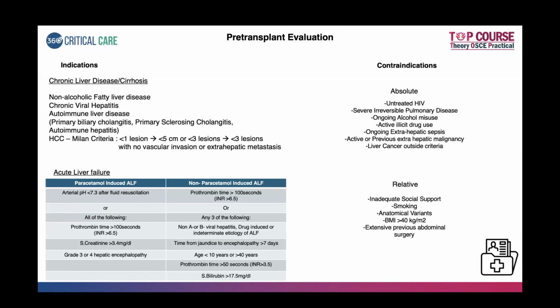Relative contraindications are inadequate social support, smoking, anatomical variants in the liver structures, BMI more than 40, or previous extensive abdominal surgery, like a Roux-en-Y procedure, where there may be total alteration in the anatomy.